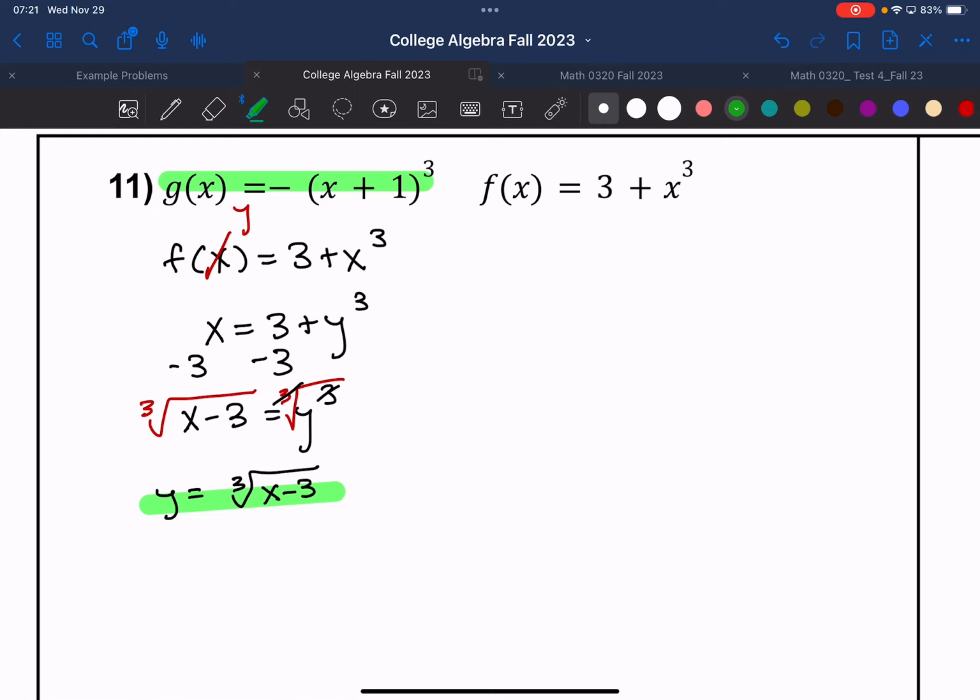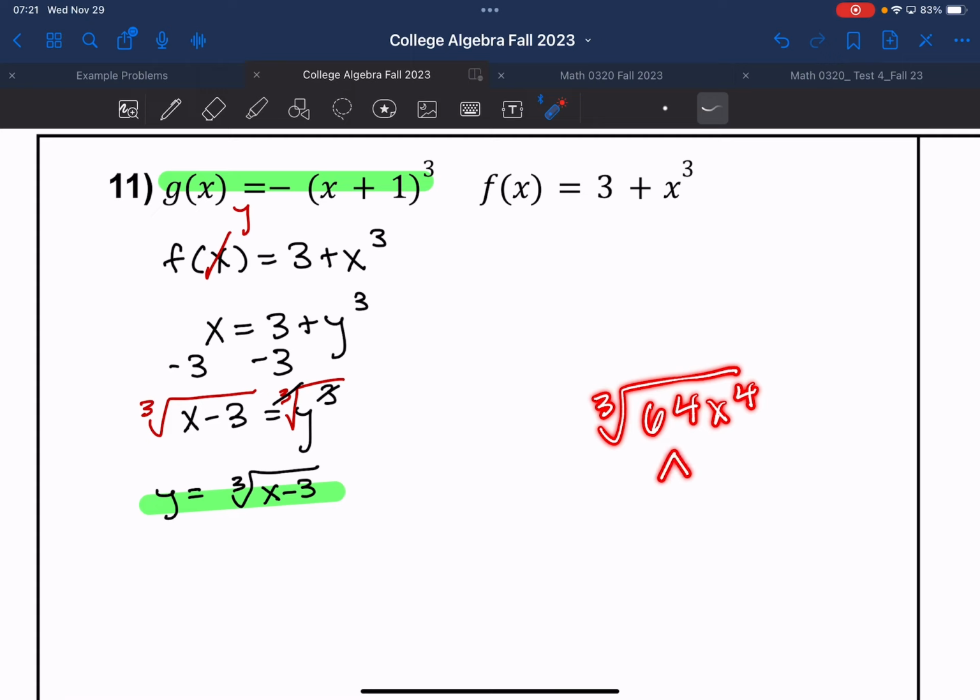In what instance can we simplify it further? Well, remember when we were simplifying radicals and we had like the cube root of 64x to the 4th? We would do the prime factor tree on that 64 and then take out groups of 3's if we had any.